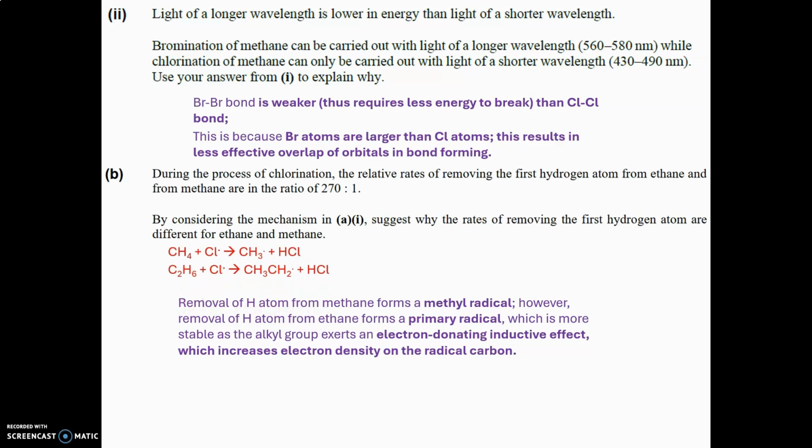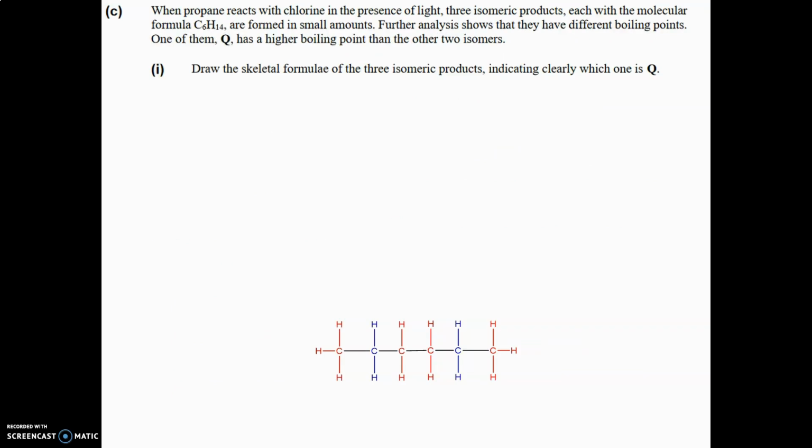The equations are there. Because the primary radical formed from ethane is much more stable than the methyl radical formed from methane, it makes it easier to remove the first H atom from ethane compared to methane.